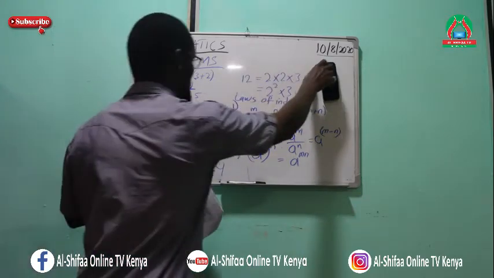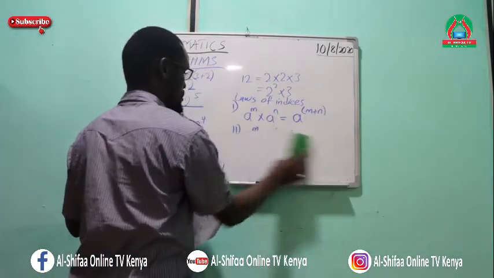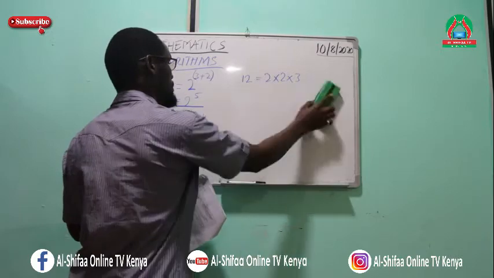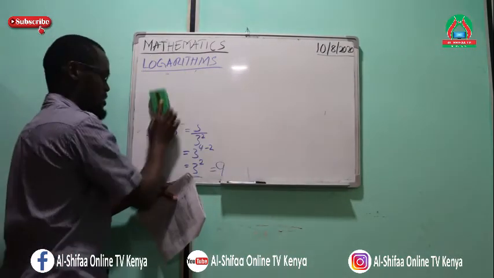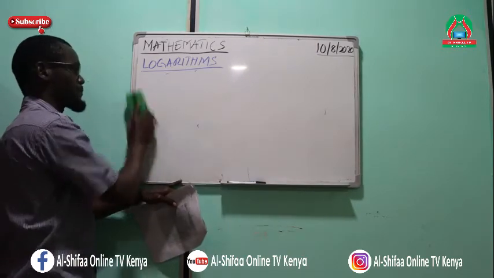Then we'll see that indices relate to logarithms, because given an index form of a number, you can change it into logarithm.